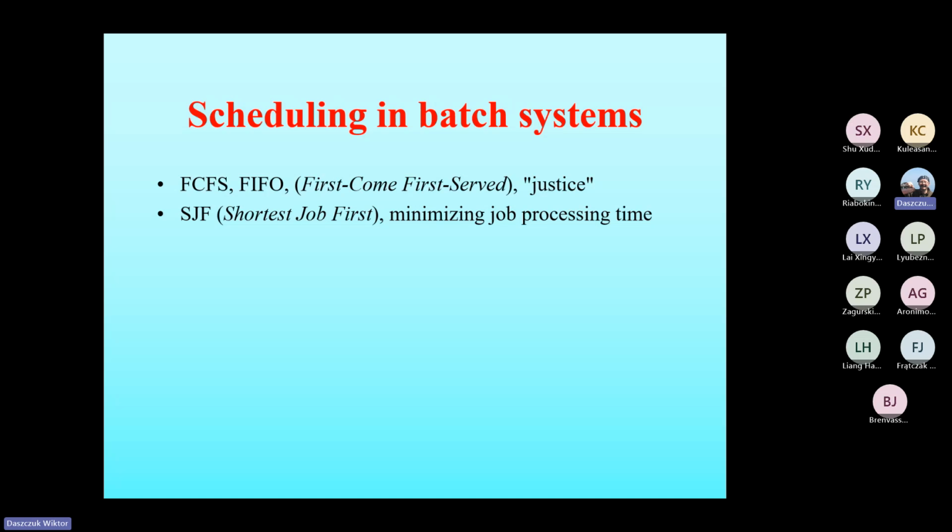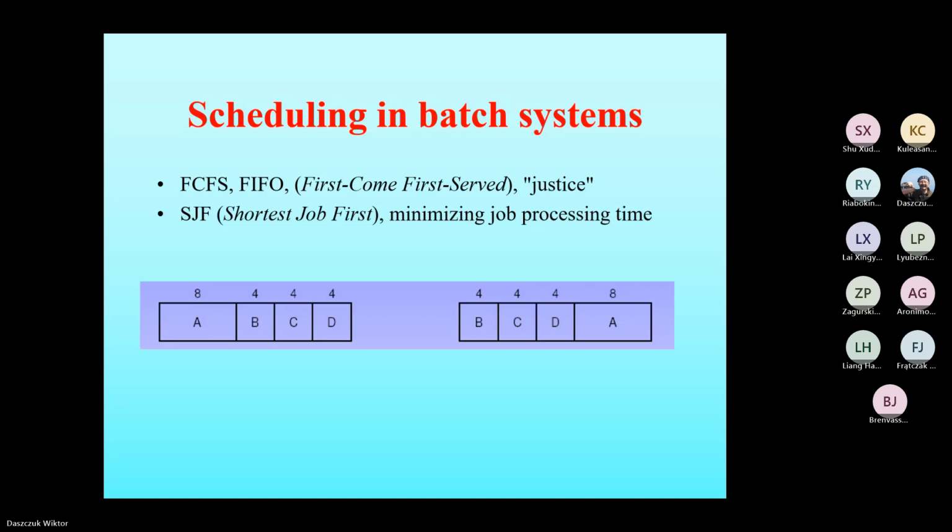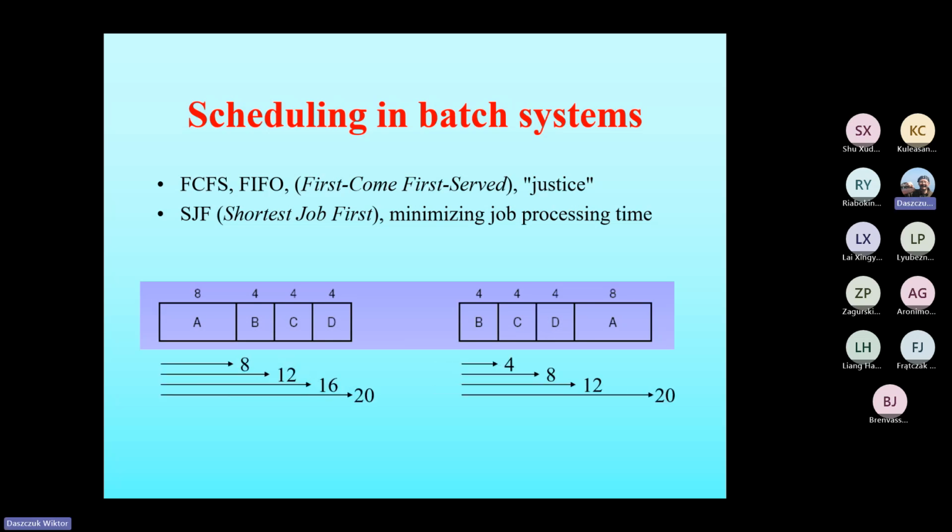Let's look at the example. We have 4 jobs to calculate on a single processor: A, B, C, D. When we run them in this order, A, then B, then C, then D, A finishes after 8 time units, B after 12, because it's 8 plus 4, and 16 and 20.